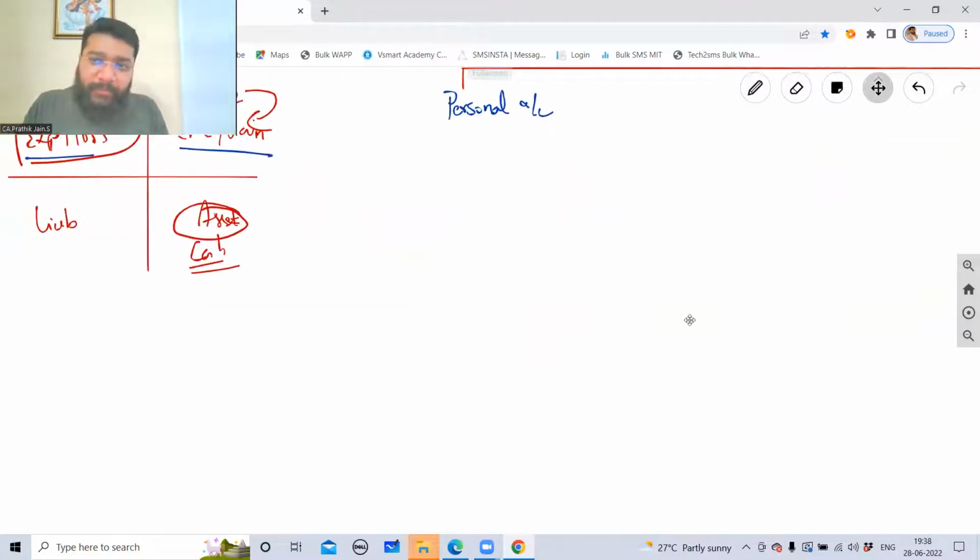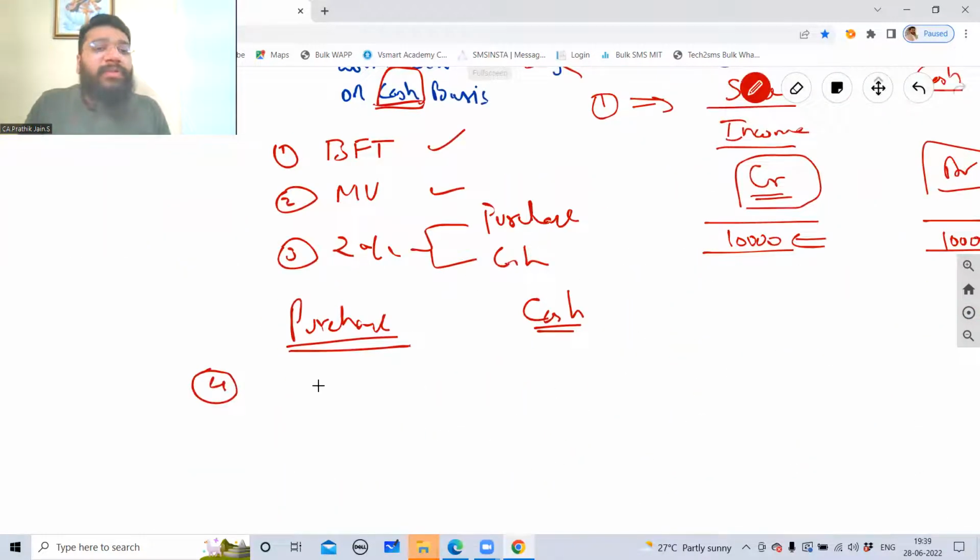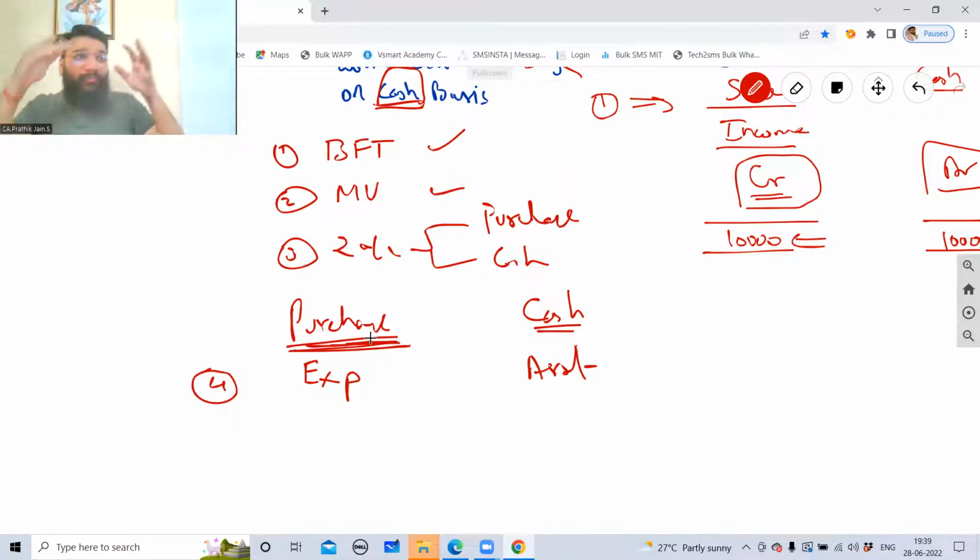So the next step is which quadrant it is. So purchase is expense and cash is asset. So I'm just telling steps one by one. 1, 2, 3, 4. Fighting between both of you. Don't worry, I'm there. I'm the referee. I'll tell you everything. Now, guys, purchase is expense. So all those who are expense, my dear children, you come to me. Who says this dialogue?